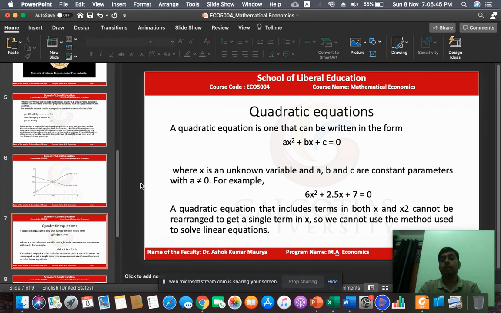If you talk about the constants a, b, c, b and c can be 0, but a will not be 0, because a is carrying x square. Suppose a is equal to 0, then automatically we get bx plus c is equal to 0.